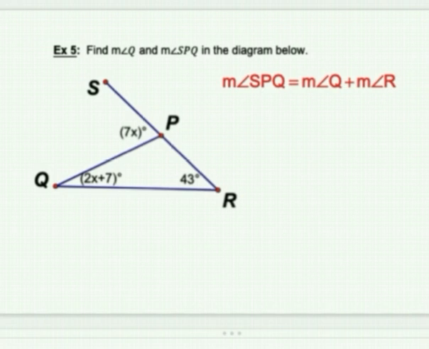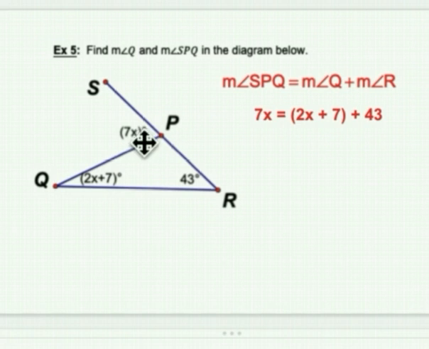For example 5, angle SPQ is an exterior angle of this triangle formed when we extended side RP. Using the exterior angle theorem, I know that the measure of this exterior angle, 7x degrees, will equal the sum of the two interior angles of the triangle not adjacent to it.